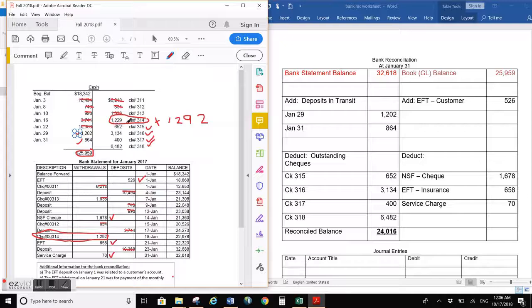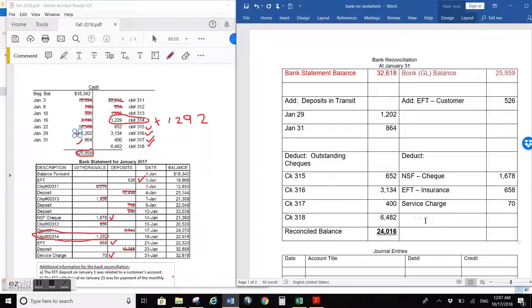So if the difference between these two numbers is $63, that's the amount we want to fix. We should have deducted more when we made this original transaction. So we'll fix our error by deducting $63 here. Now the tricky part when you make mistakes is sometimes they'll go up here on the add side, sometimes they'll go down here on the deduct side, and you just have to figure out if you should have added or deducted it.